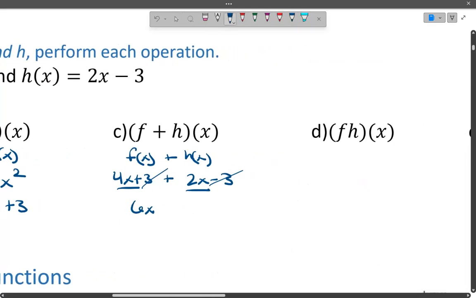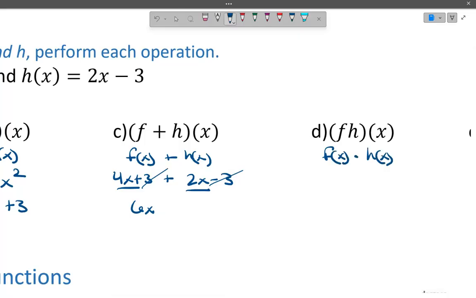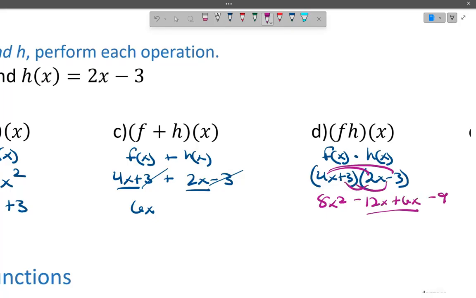Here we're going to multiply, so we're going to have f of x times h of x. And so we're going to have 4x plus 3 times 2x minus 3, and we'll apply our distributive property: 8x squared minus 12x plus 6x minus 9. Combine like terms: 8x squared minus 6x minus 9.